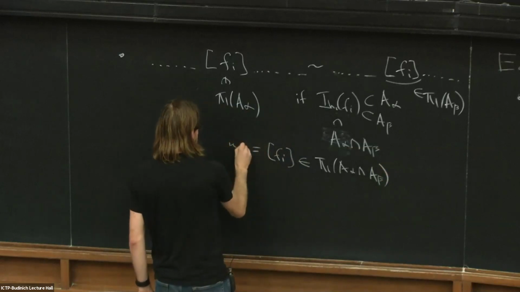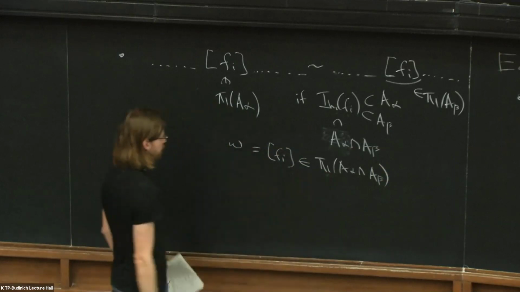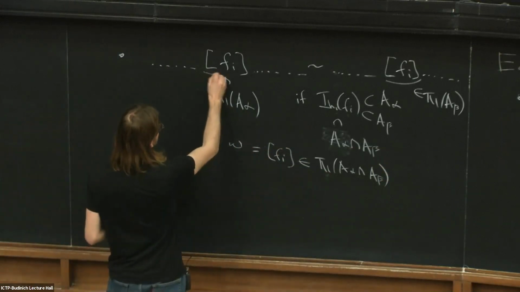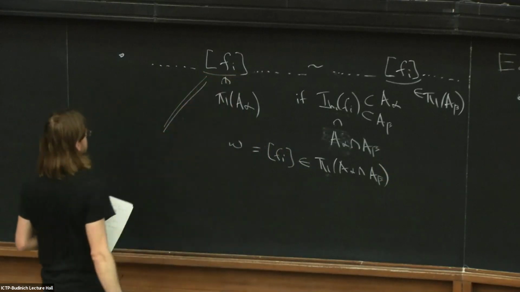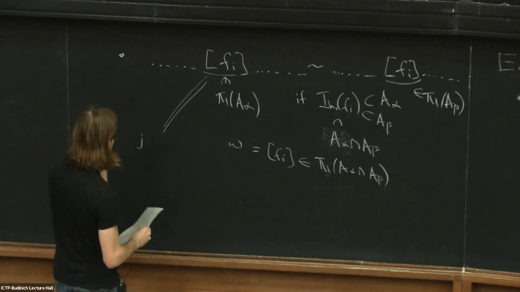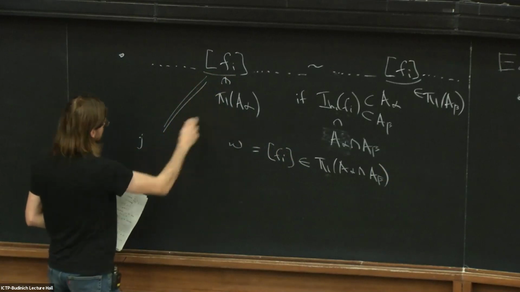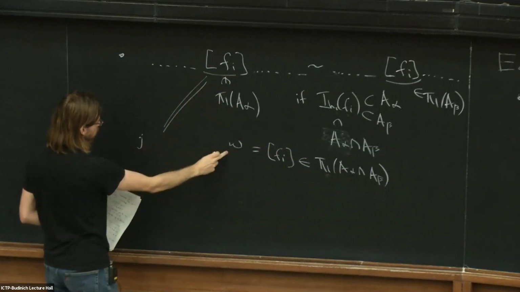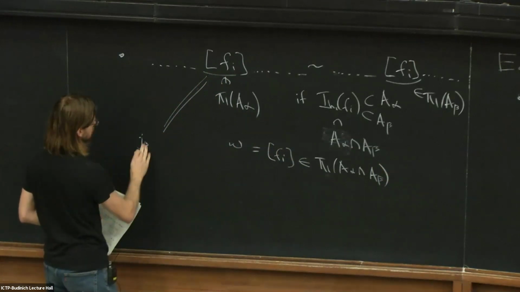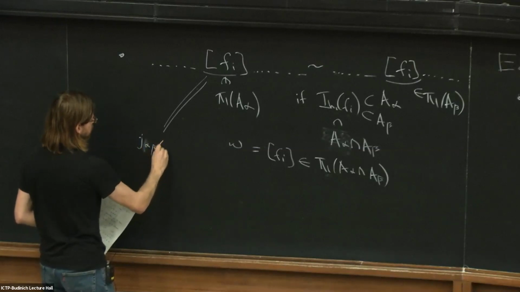Let us denote this by omega, considered as an element of pi1 of the intersection. Then on the left, we can write this fi as an element of pi1 of A alpha as the image of omega under the push forward, which we denoted j alpha beta, of omega.